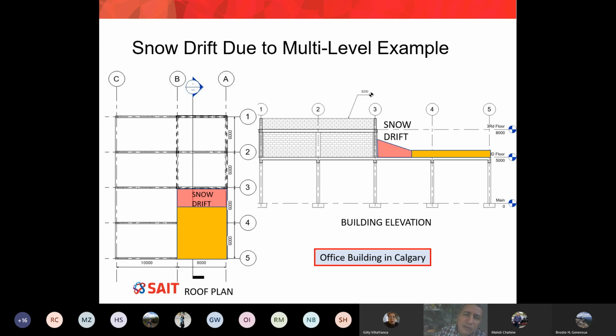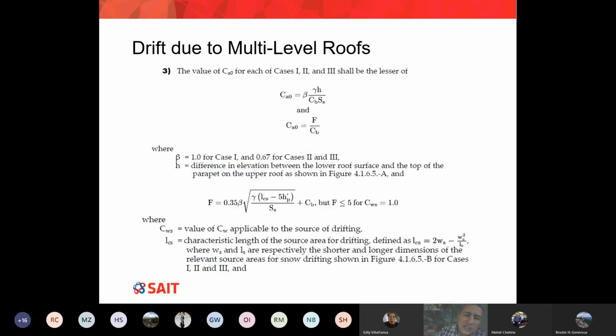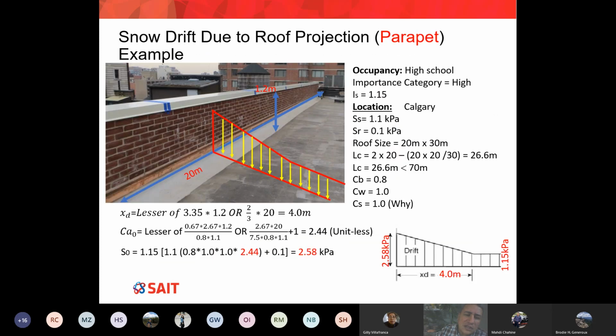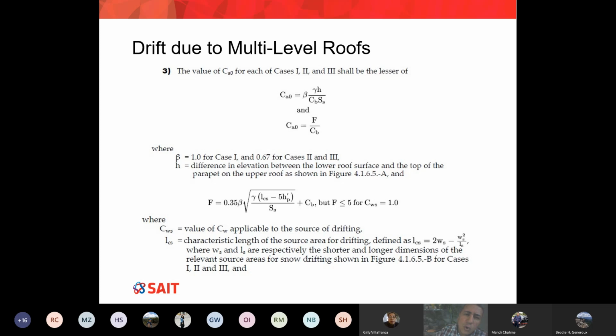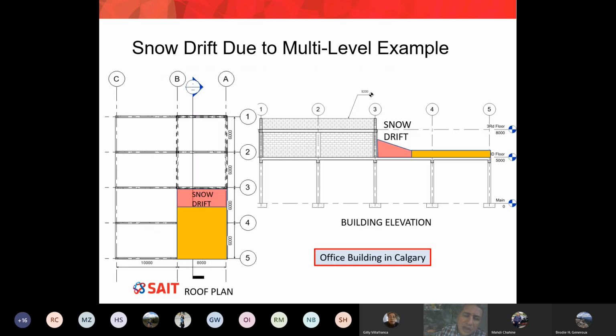You just have to go back a couple of slides, to this slide here, and this tells you how to find the snow accumulation from the parapet on the higher roof. Hopefully this is clear, and hopefully nobody is lost. I know it's a long process, but all our calculations going forward focus only on the snow diagram on the lower roof. If you want to draw the diagram on the top roof, then it's a different business.